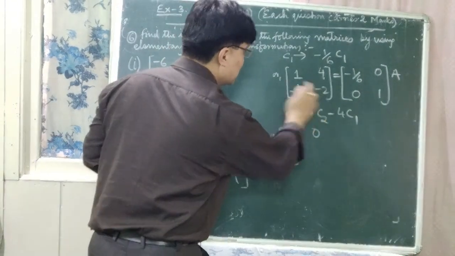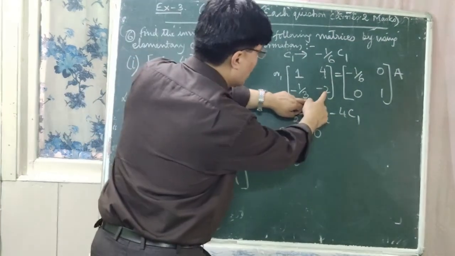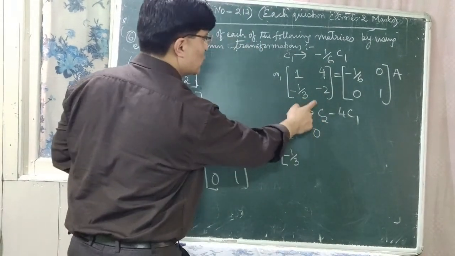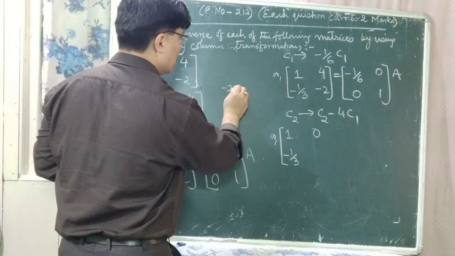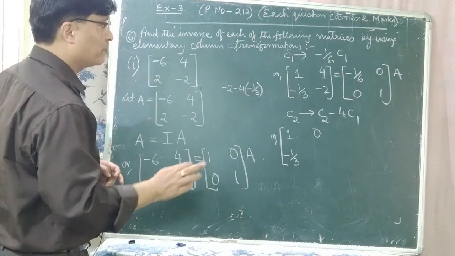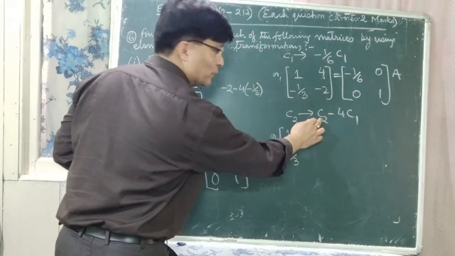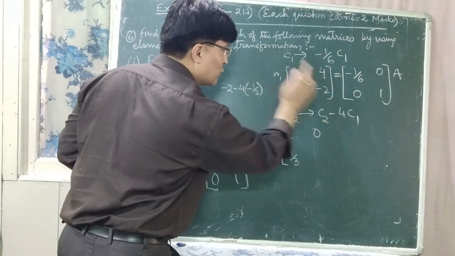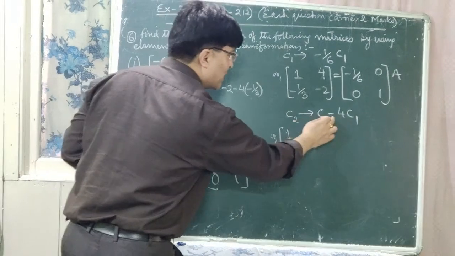Then next, column 2 is -2, minus 4 into -1/3. Is that clear? This is C2, which means column 2 is changing. So how does it change? C2 minus 4 C1.